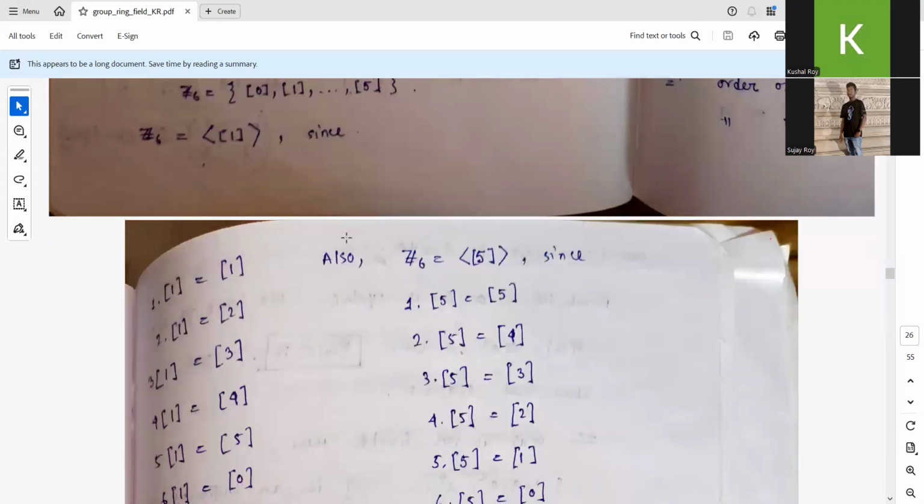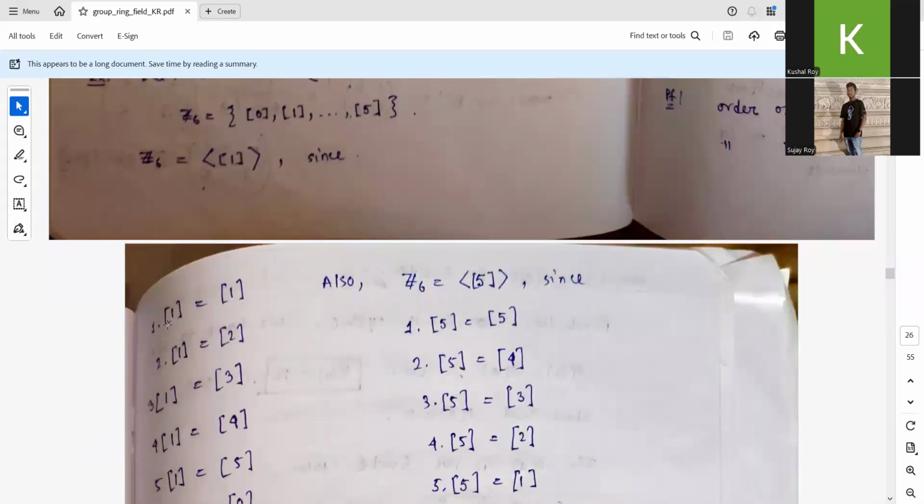Okay, why? Because if you consider the power of 1, what is the power of an element? If you consider a to the power n, a to the power n means nothing but n times composition of a.